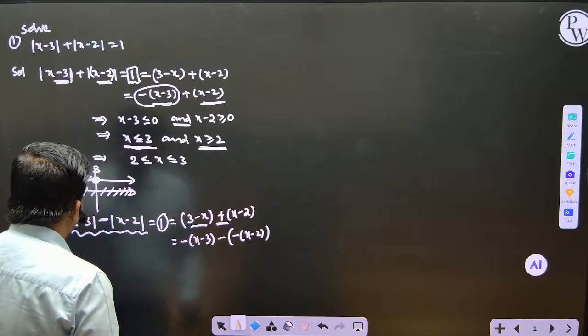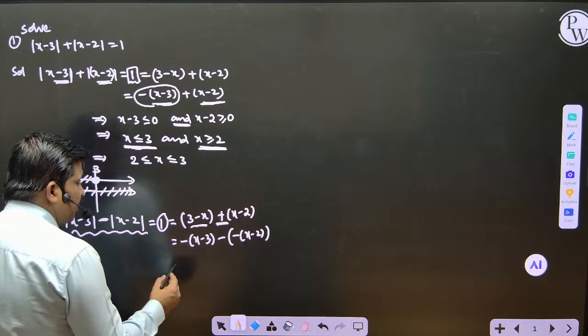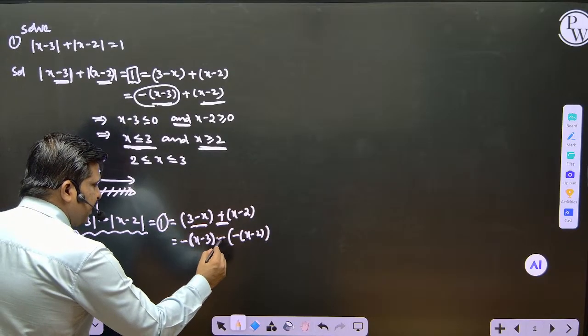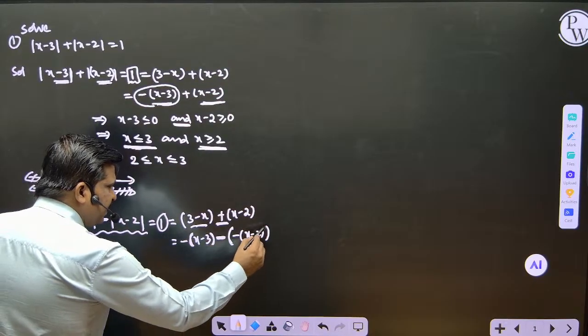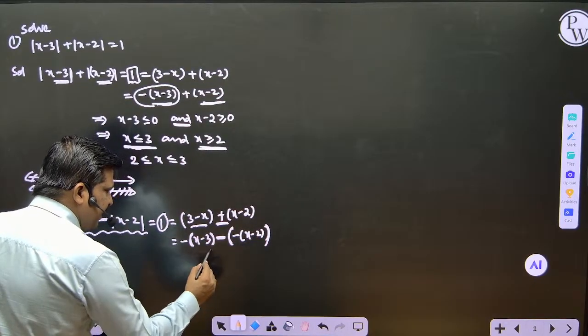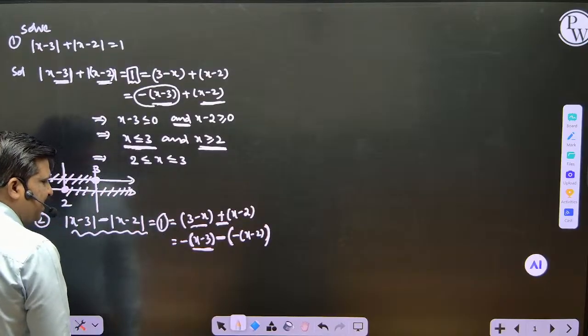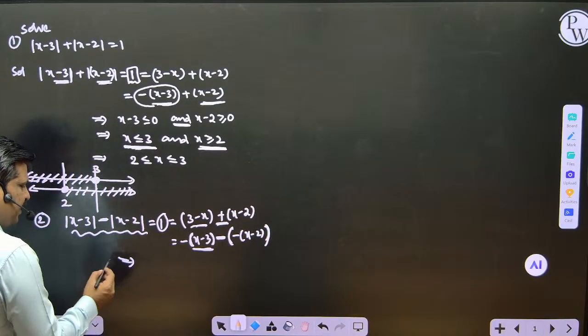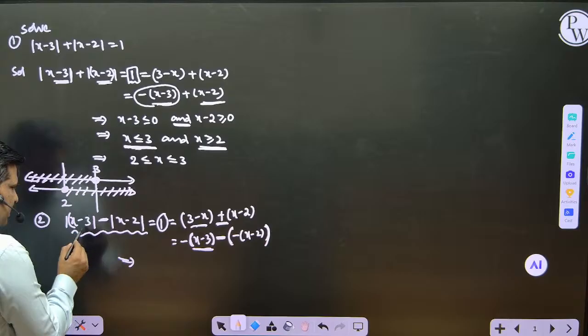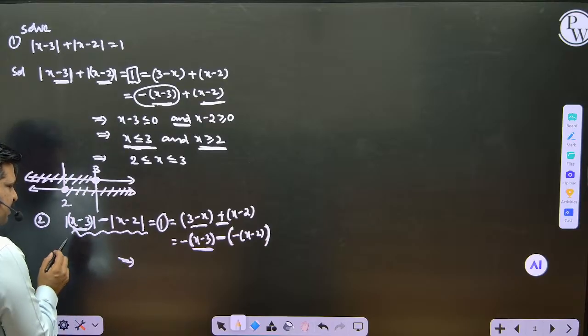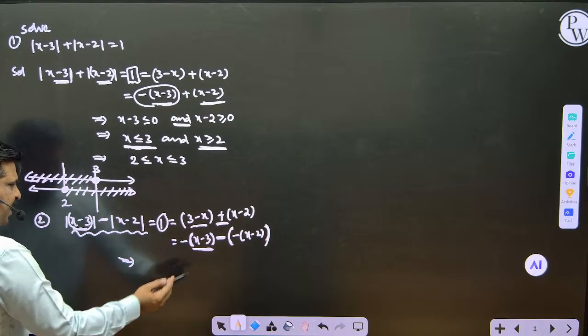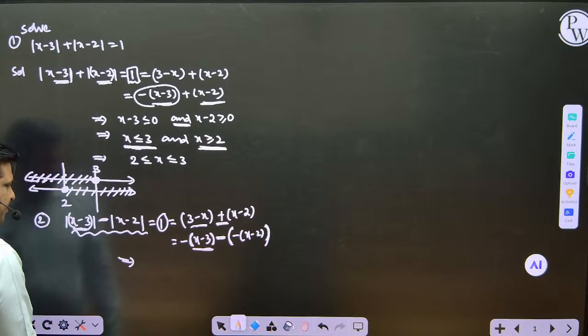So now based on this, in between minus sign is there. I got here minus of x minus 3. That means inside the modulus is negative. Then only I can write minus of x minus 3, or not.